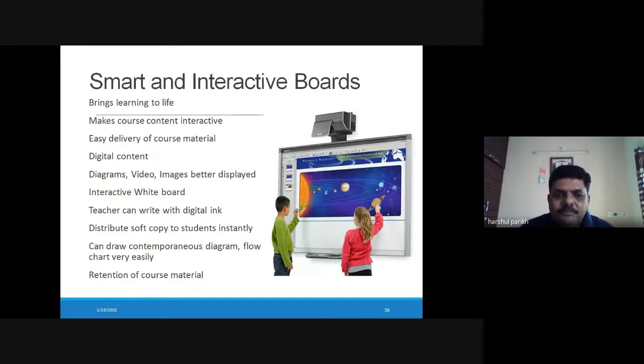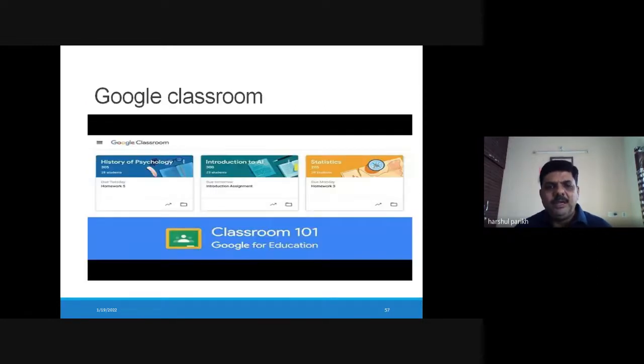Interactive whiteboard: so what is the advantage? We can keep a soft copy, can draw contemporaneous diagrams and flow charts, and material can be retained on the board. That is the biggest advantage of the interactive board. We are all familiar with Google Classroom.